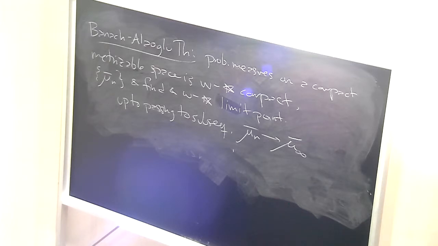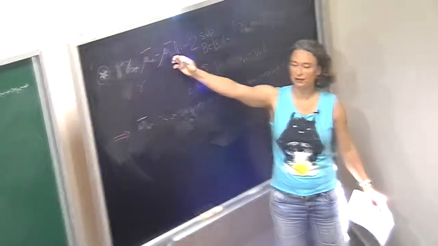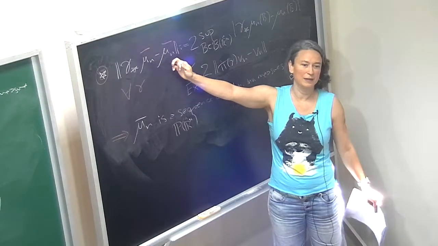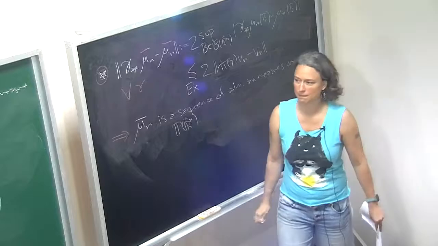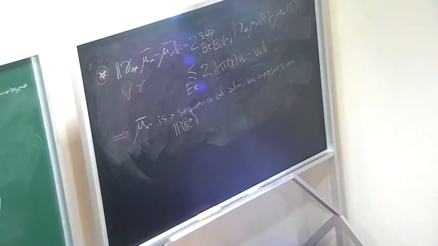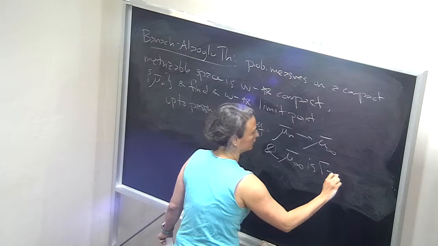Well, it's a limit of these measures, and these measures are asymptotically gamma invariant. So they will be gamma invariant. Mu infinity is gamma invariant.